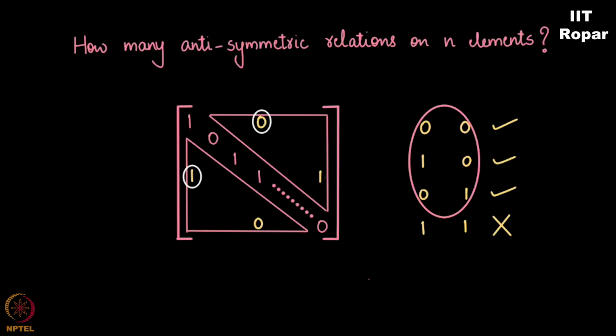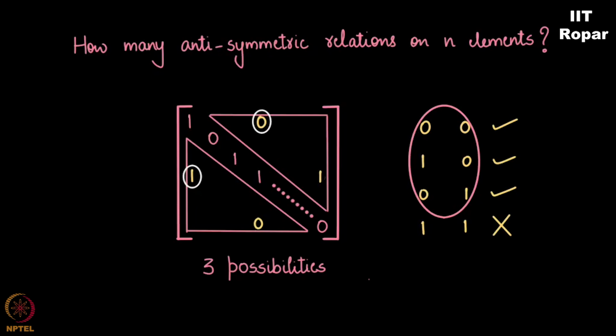So which means you can put whatever you want in this lower upper triangle combination, but you must ensure that it has to be 0, 0, 0, 1 or 1, 0 only, which means you have 3 possibilities for so many pairs.